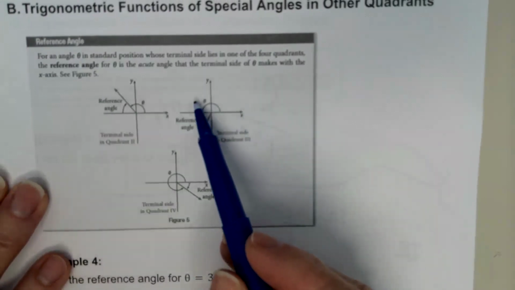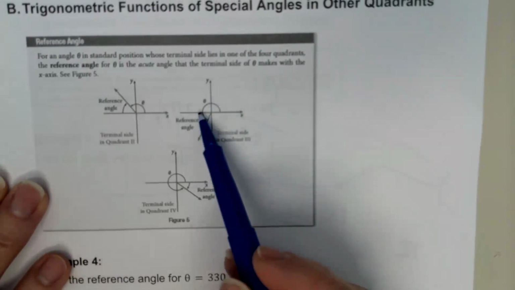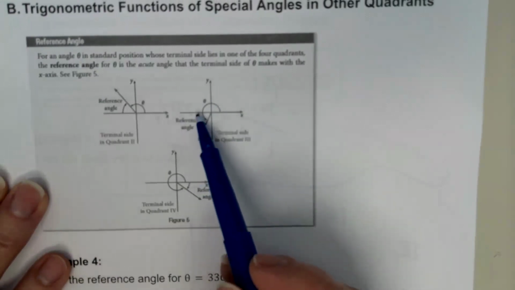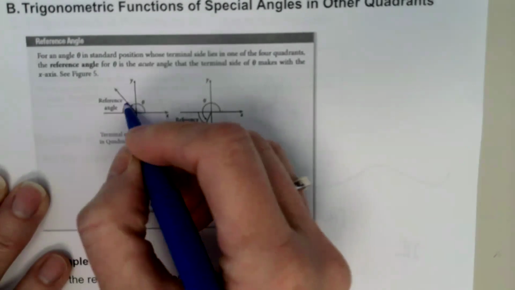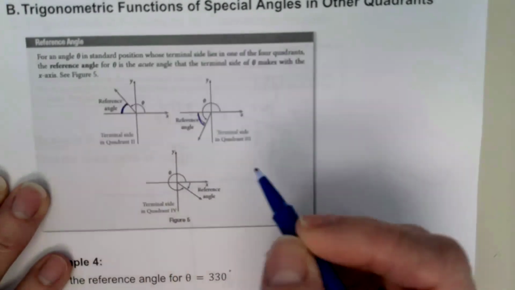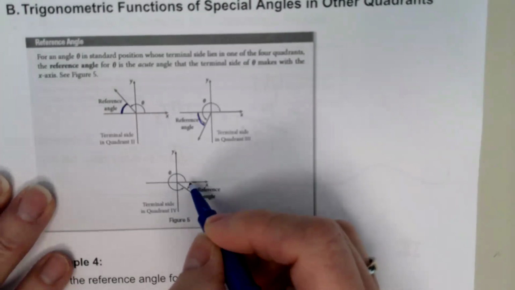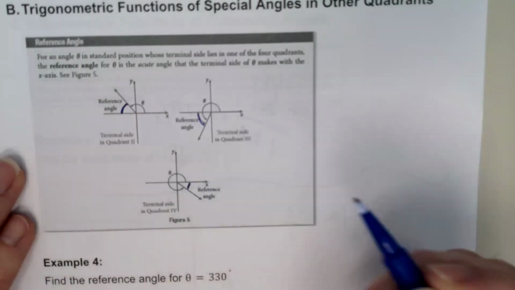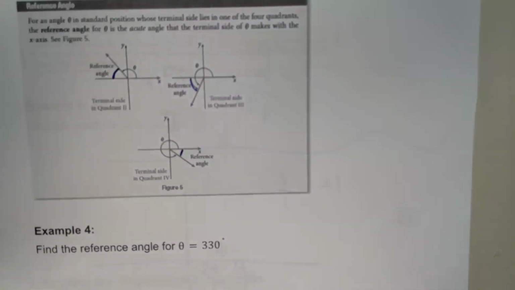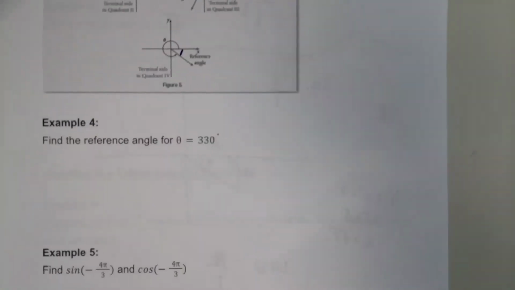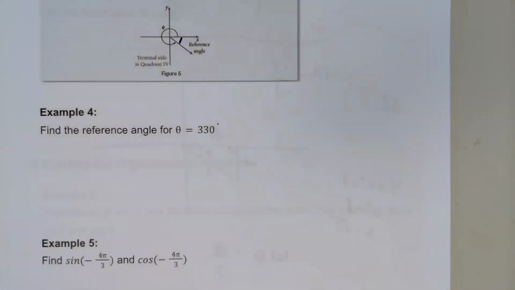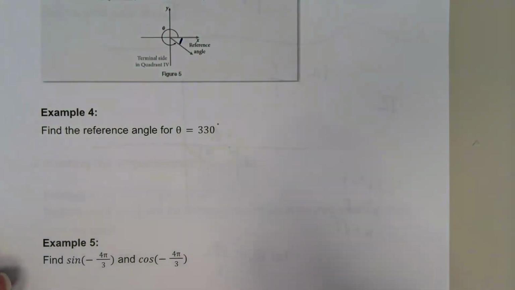If it's in the third quadrant, then our reference angle goes up to the x-axis, and that is our reference angle. And if it goes all the way around to the fourth quadrant, then it goes up to the x-axis again, and this is our reference angle. So example 4 says, find the reference angle for 330 degrees.